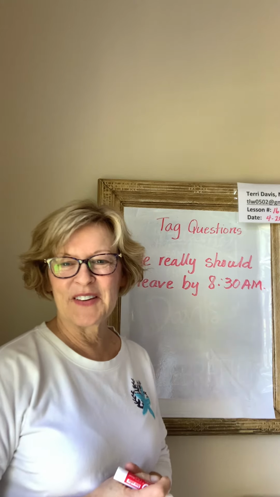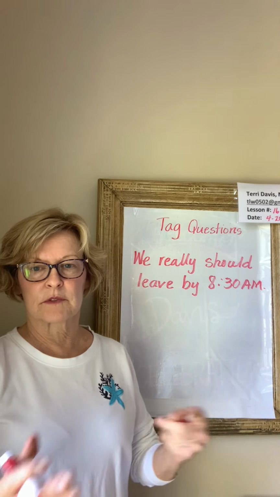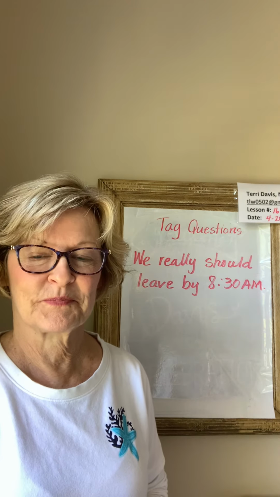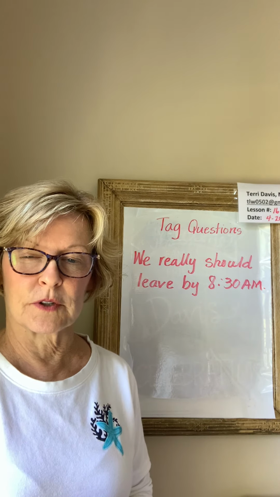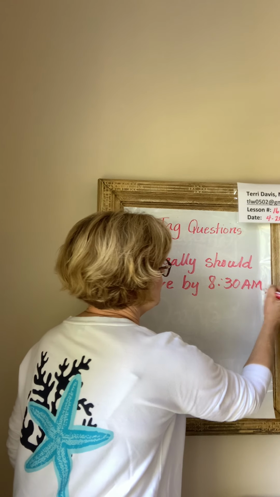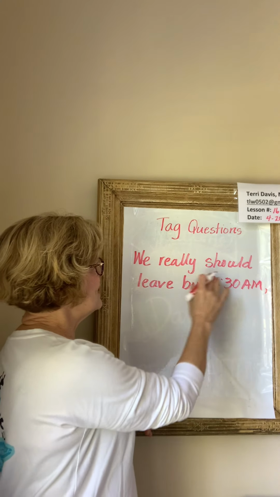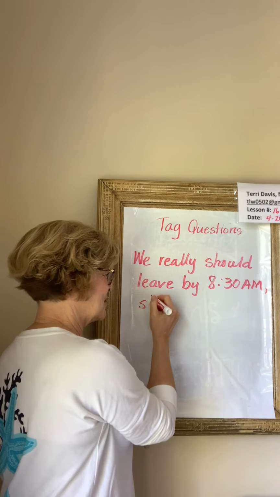All right, you're having that conversation with your spouse, planning to maybe get to the airport on time. So perhaps you're not so sure. We're going to add a tag and turn it into a question. We really should leave by 8:30 a.m., shouldn't we?